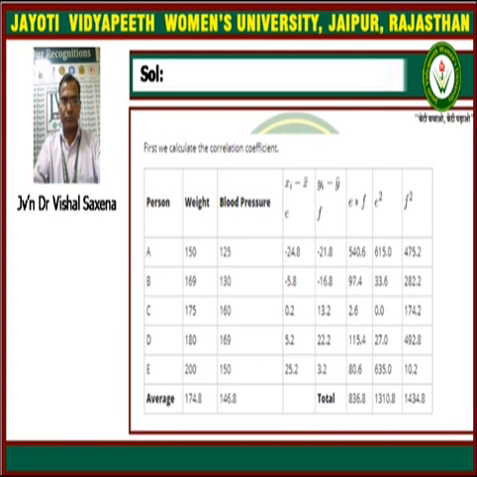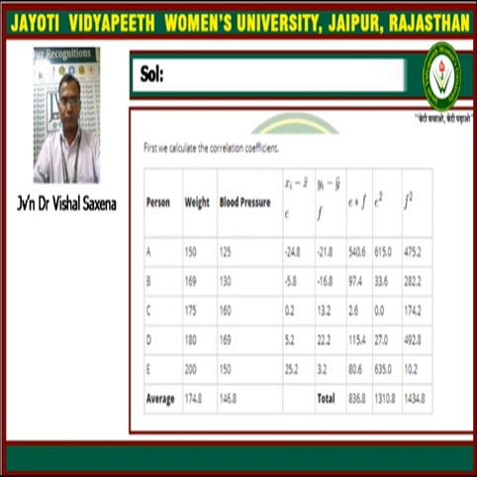So the first series is taken for the weight and the second series is taken for the blood pressure, and their mean values have been obtained as 174.8 and 146.8. Next we have to find the values like xi minus x bar.